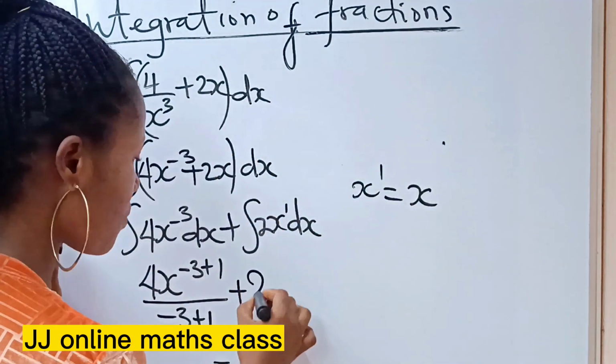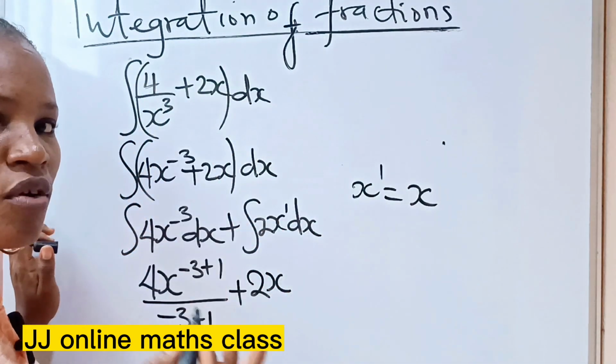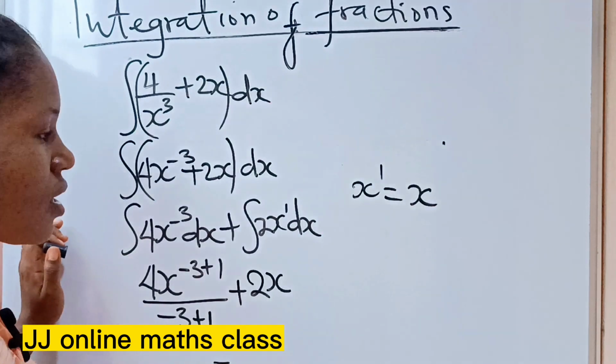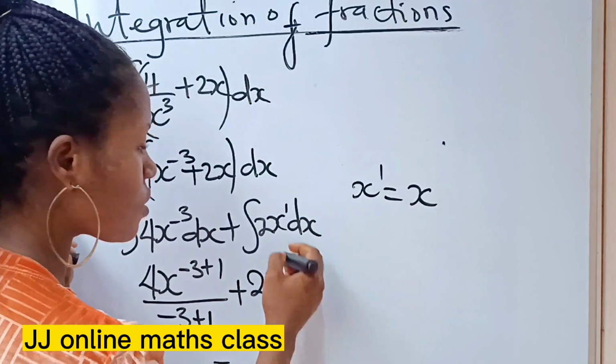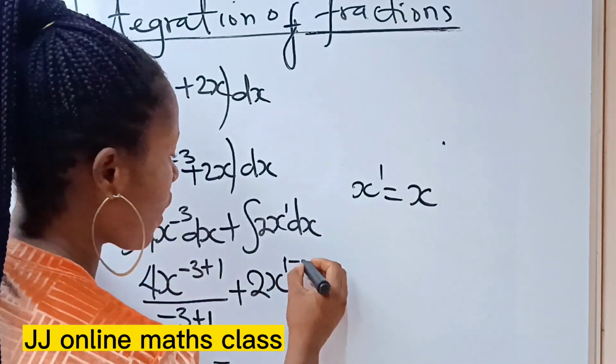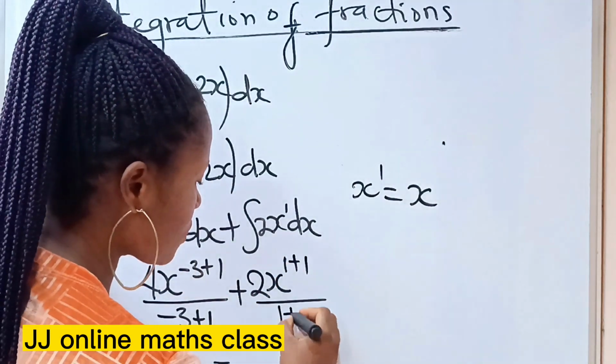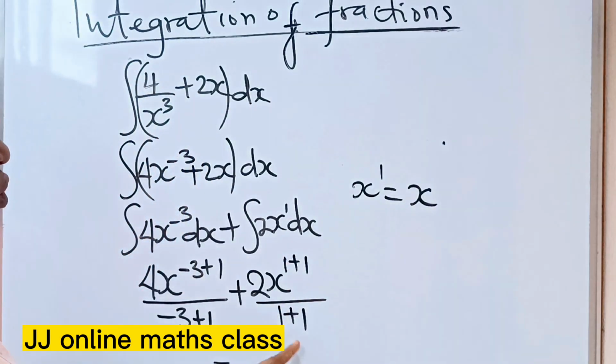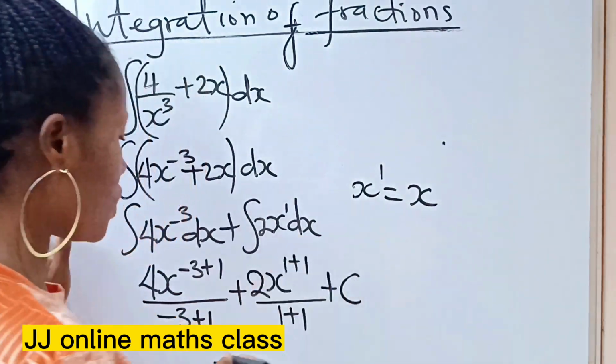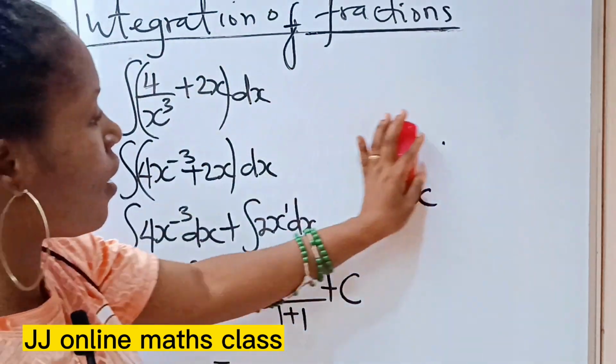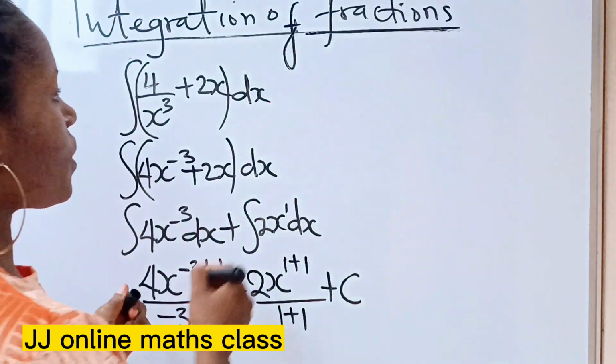To integrate this, remember that the power is our point of interest. It already has 1 as power. So we are going to add 1 to the power and divide by the new power, which is 1 plus 1. Then we add c, which is the constant of integration. So what do we do next?